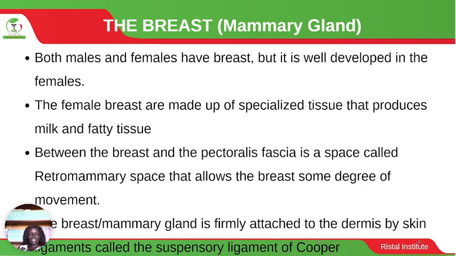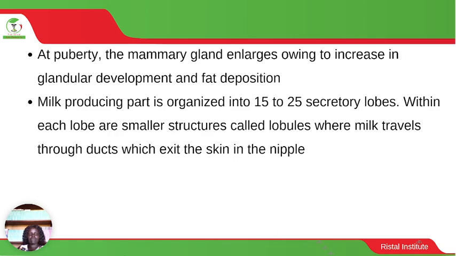Between the breast and the pectoralis fascia is a space called the retromammary space that allows the breast some degree of movement. The mammary gland is firmly attached to the dermis by skin ligaments called the suspensory ligaments of Cooper.